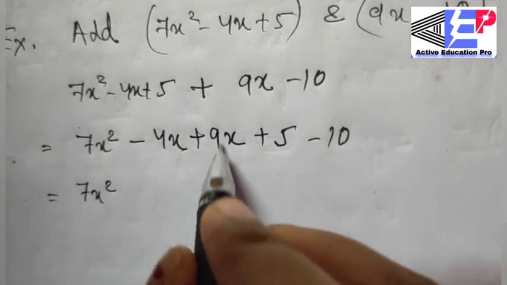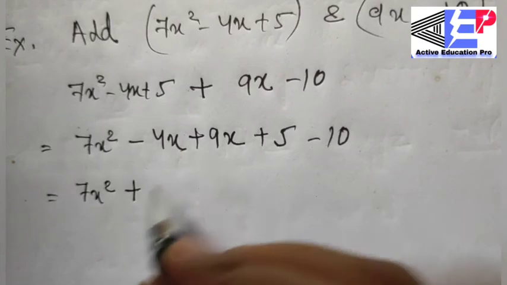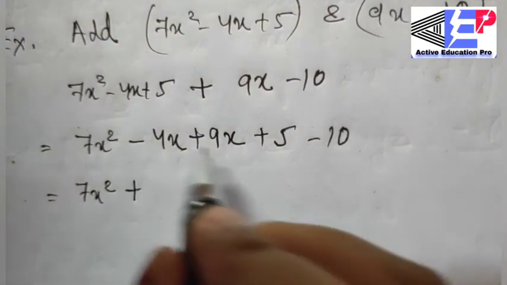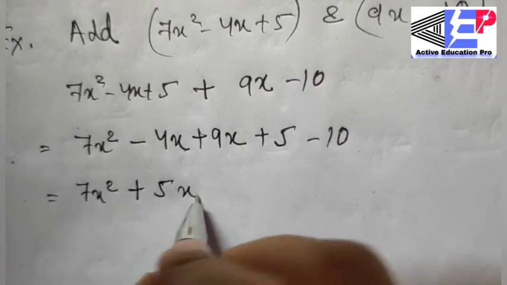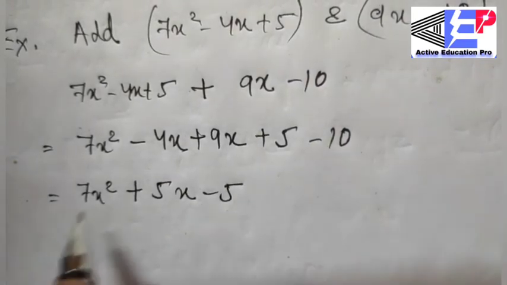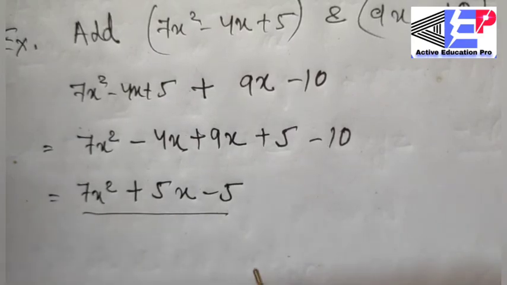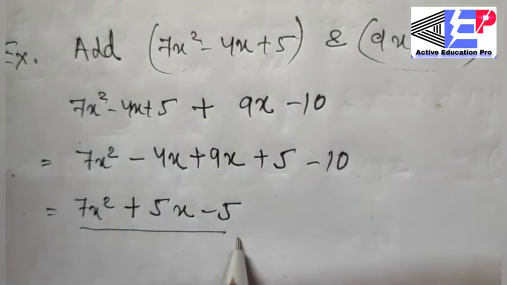Which is greater, 9 or 4? 9 is greater. Then put the sign mark of the greater number, 9. Then subtract the smaller number from the greater number. 9 minus 4 is 5x. And then minus 10 plus 5 is minus 5. It is your answer. If you add this and this, then it will be your answer.